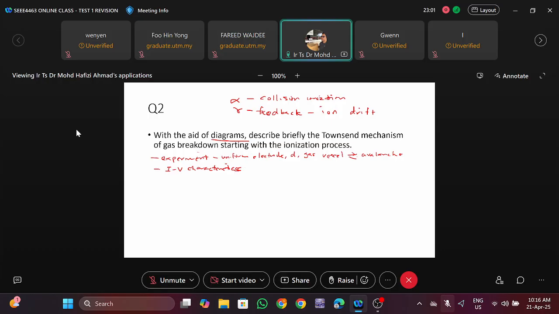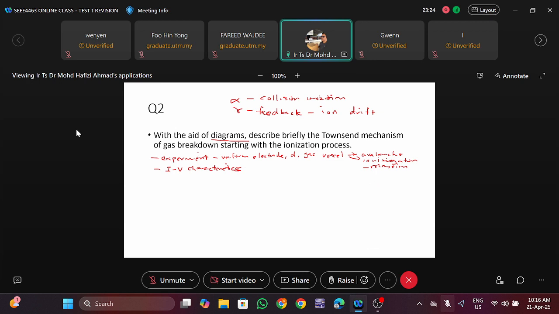And then this is, of course, where we'll be ionizing the atoms and then release electron, and then the atoms become positive ions.